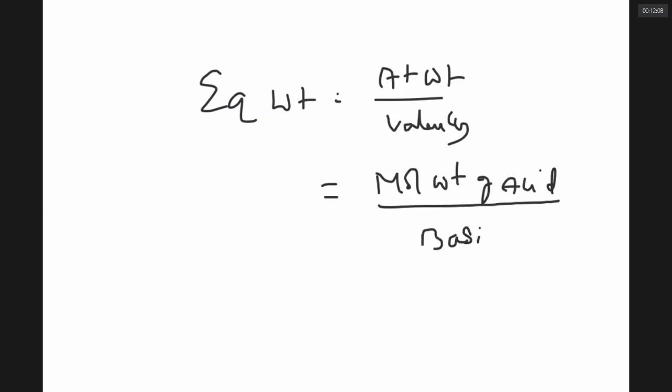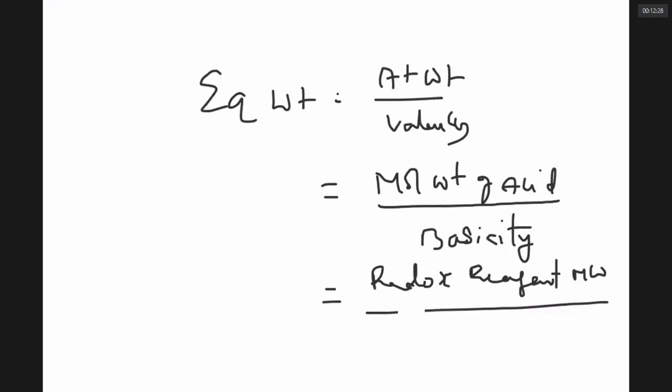Basicity means number of H plus ions it can give per molecule. Or for any redox reagent, which can undergo reduction or oxidation, equivalent weight is molecular weight by number of electrons it is gaining or losing in the course of reaction.